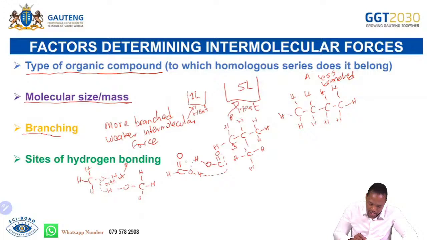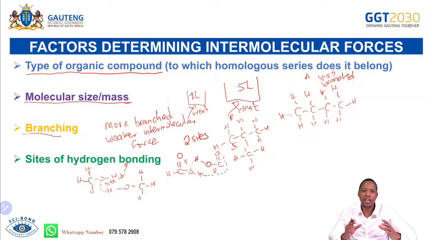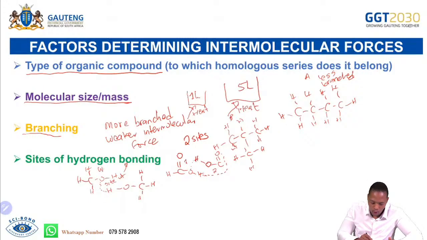So when you check these sides, it's one side, it's two sides. You have two sides of hydrogen bond when we're talking carboxylic acid. So we say carboxylic acid has two sides of hydrogen bonds. We say alcohol has only one side of hydrogen bond. So this difference in sides is the one that makes alcohols weaker when compared to carboxylic acid, because they are not really weak, but they are just weaker when compared to carboxylic acid.